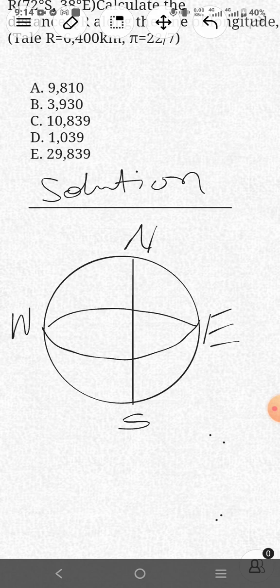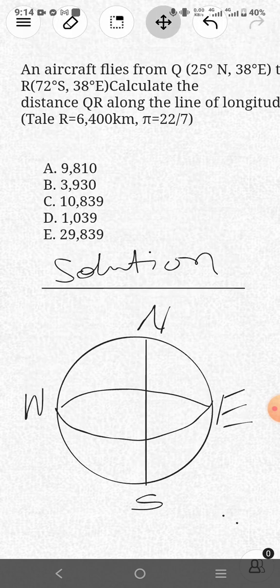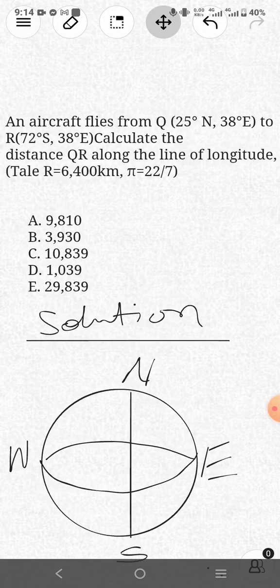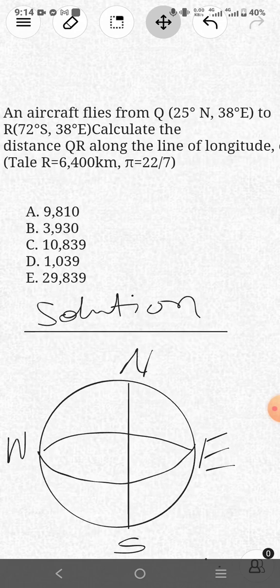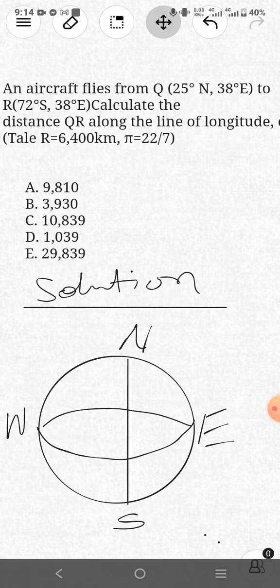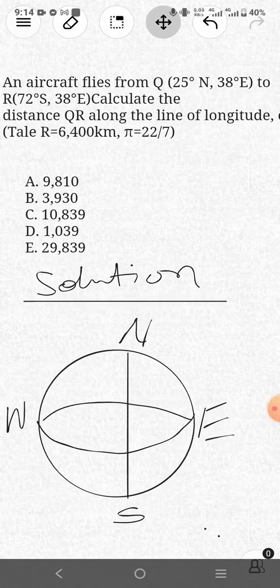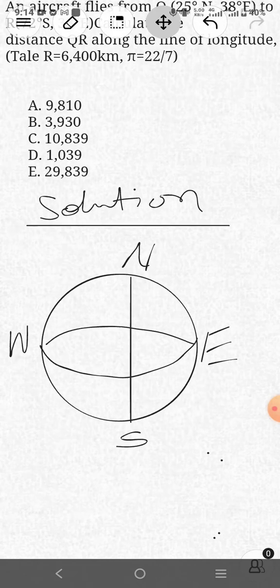Now, looking at the question, we have two points here. The aircraft flies from Q, 25 degrees north and 38 degrees east. 25 degrees north is on the northern part, so we have it this way.